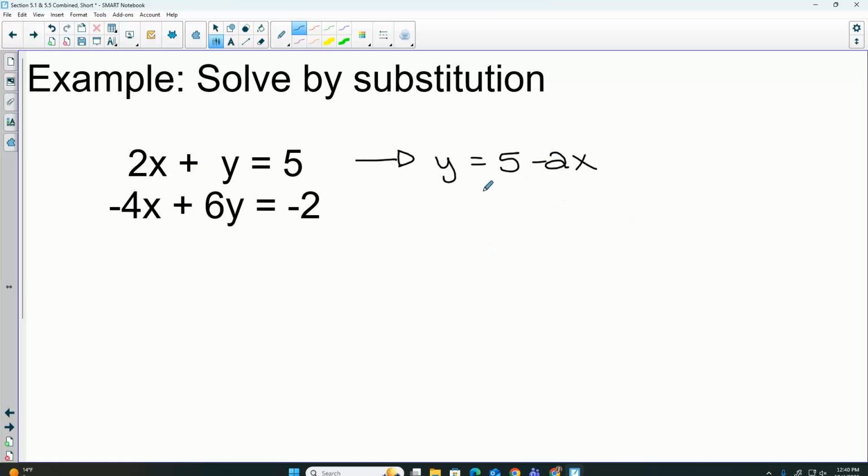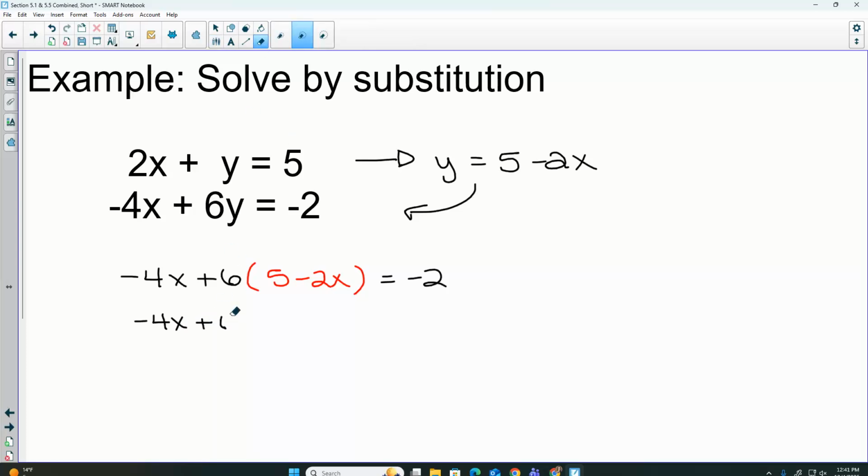Then I'm going to substitute that into the other equation. So I'm going to plug it into the second one. So we have negative 4x plus 6 times y, but what is y? So we can solve negative 4x plus 30 minus 4x equals negative 2.